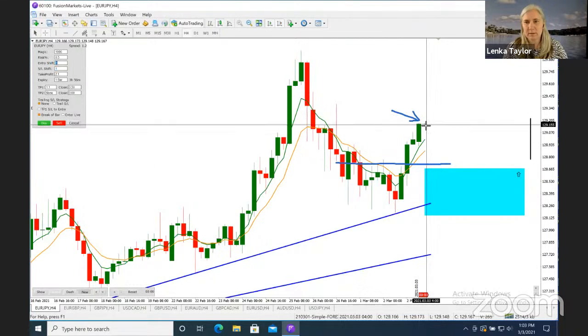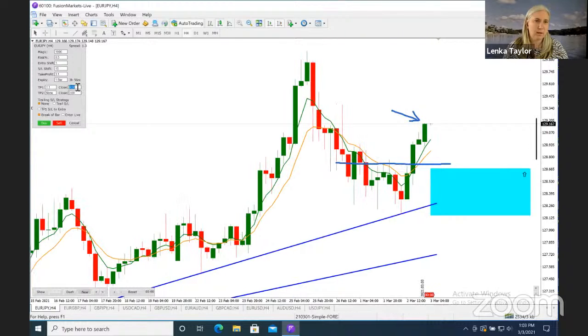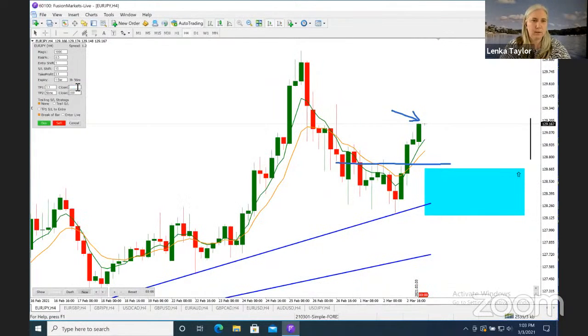How many bars is that? Say under this bar here, that's 15 bars. So I will put the stop loss under the 15th bar. I will do a take profit at 3 to 1. I will have TP1 at 1 to 1, TP2 at 2 to 1.